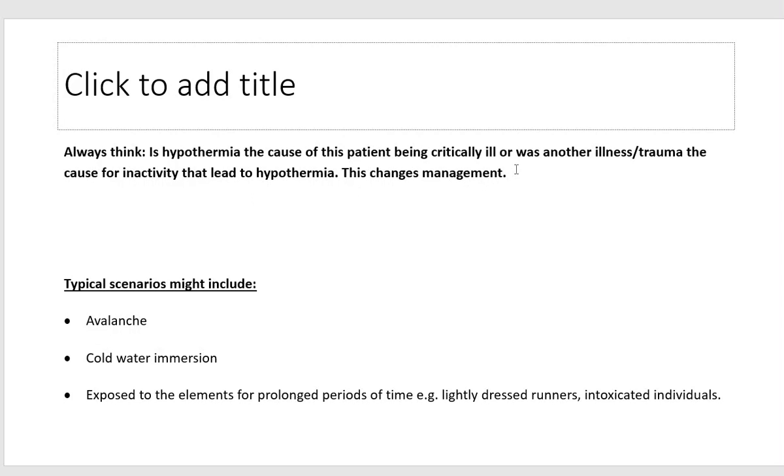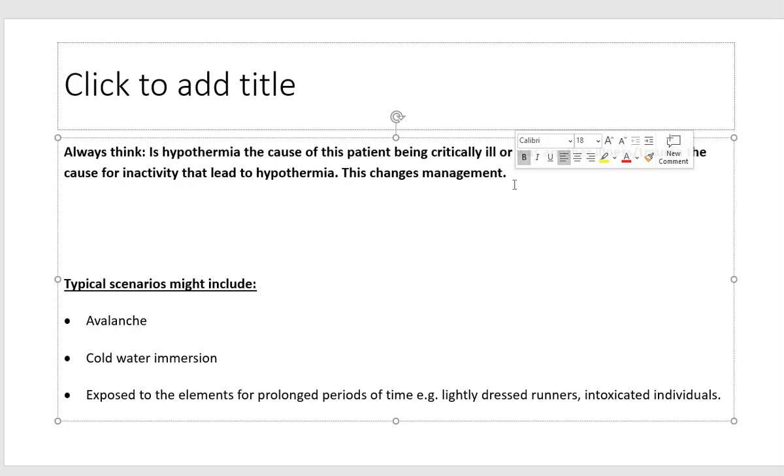Probably the most important thing for your written exam when it comes to hypothermia is the distinction of: is the casualty in front of me severely ill because of hypothermia or severely ill because of something else? So let's just go over some scenarios. These are three relatively not common, but the most likely scenarios.